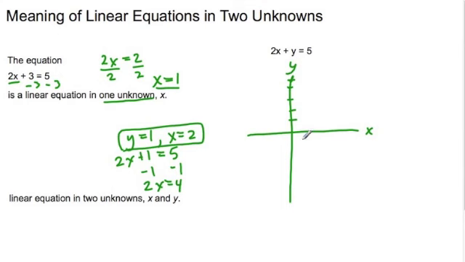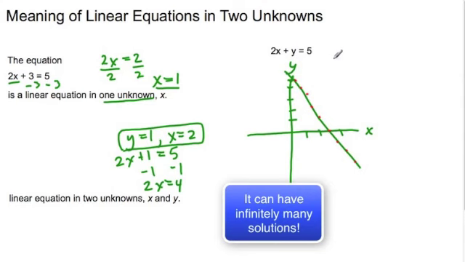We go 1, 2, 3. My line would look something like this. That means any point on this line is a solution for the equation 2x plus y equals 5. So as we can see, we have many solutions.